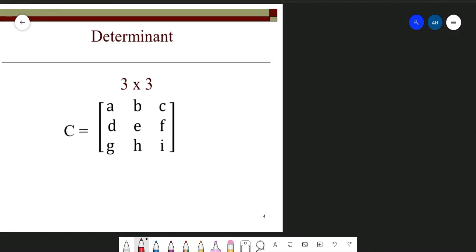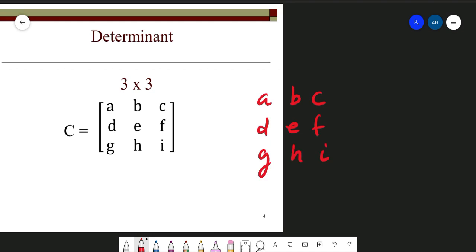What we have to do is copy again the elements inside matrix C: a, b, c, then the second row d, e, f, then g, h, i.